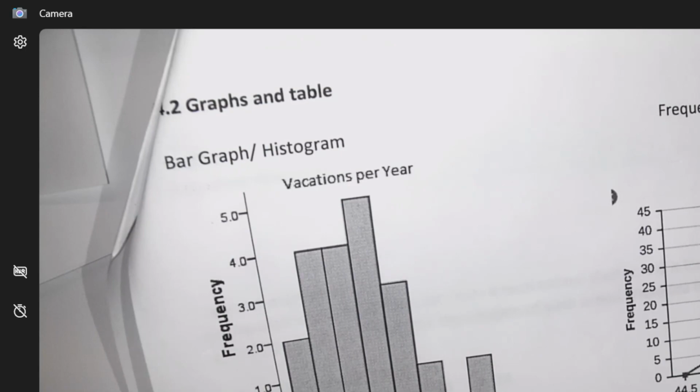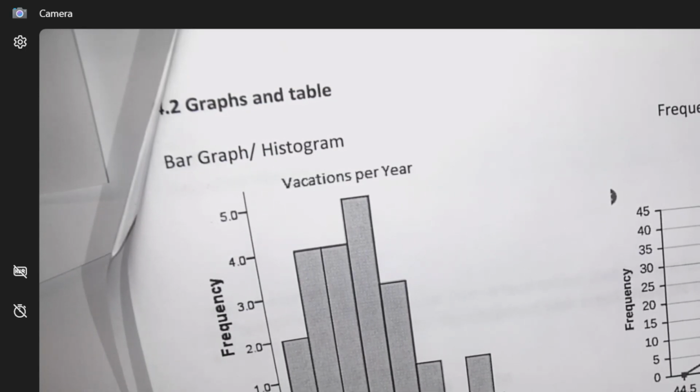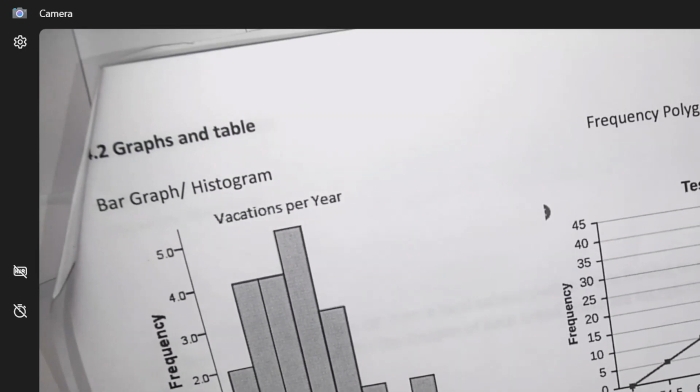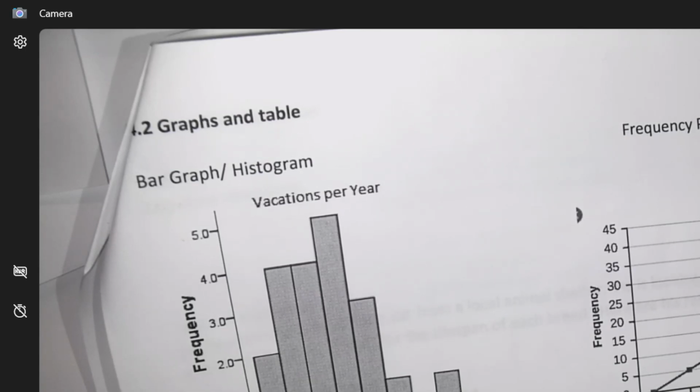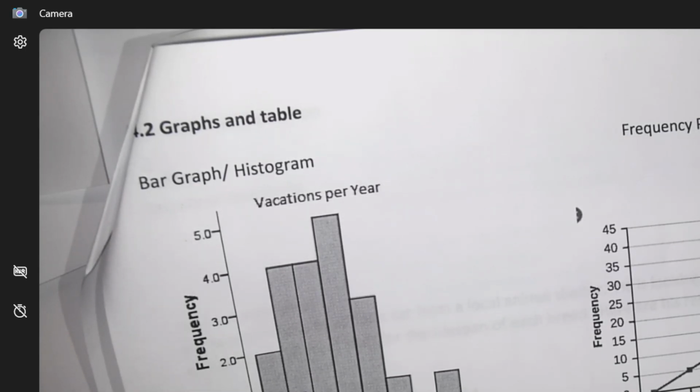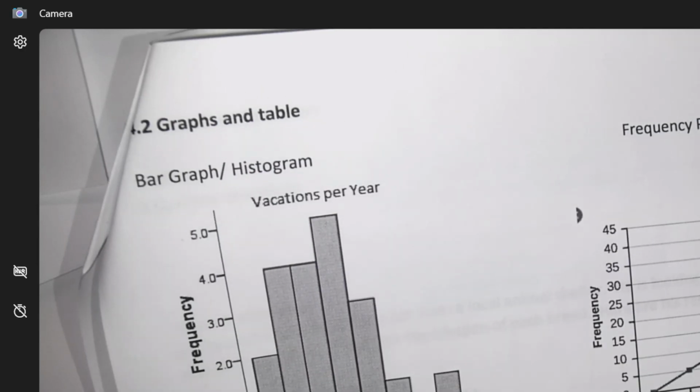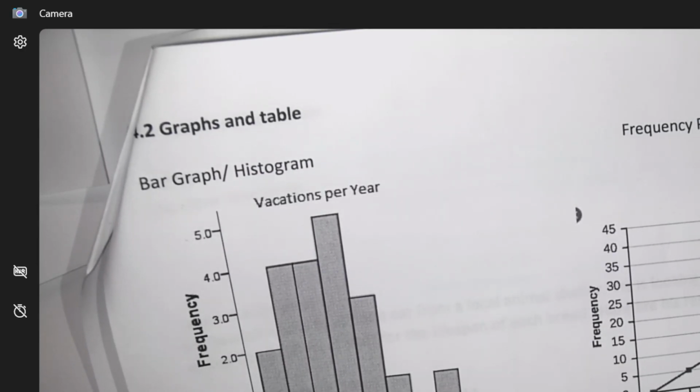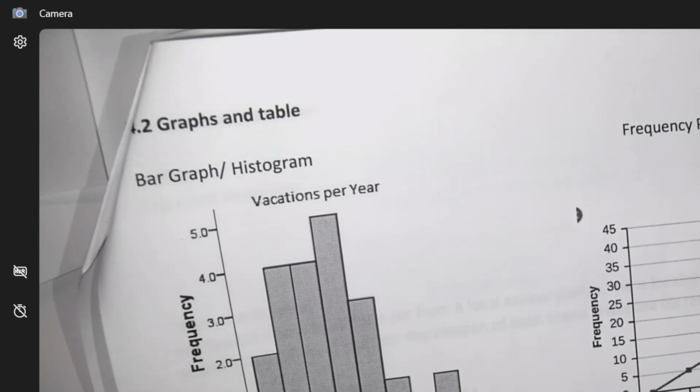Okay, page 3, making graphs and tables. So this one here, the design of it, you can call it a bar or a graph or a histogram. So how do you read this graph?